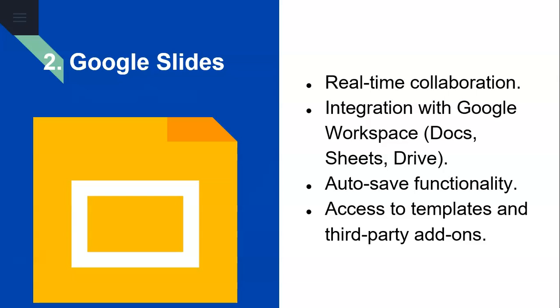And it has autosave functionality. When you are working with Google Slides, you don't need to bother about, have I saved my work? Have I not? Because it automatically saves to the cloud. And then you can also access templates and add-ons. Add-ons are software that add additional functionality to applications.